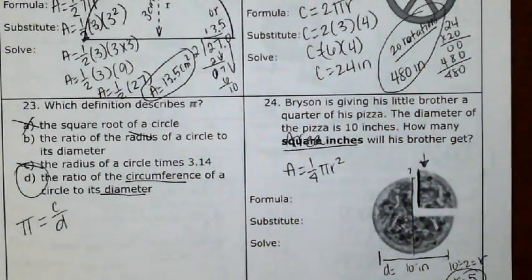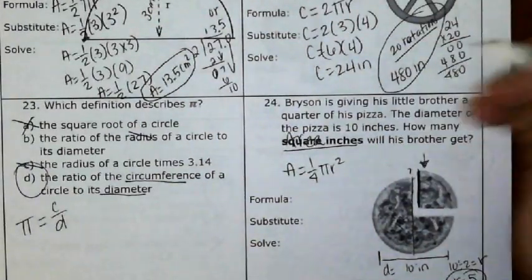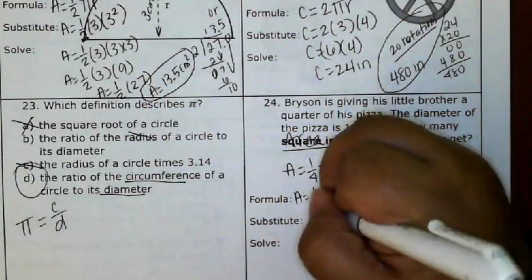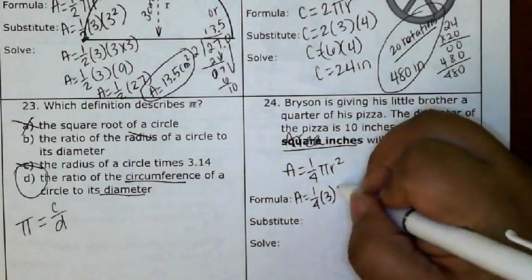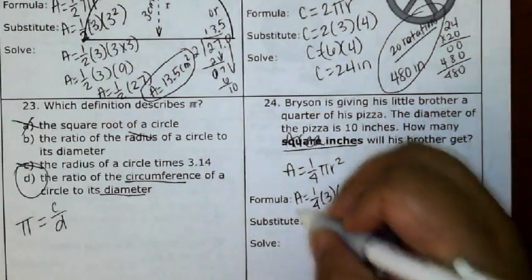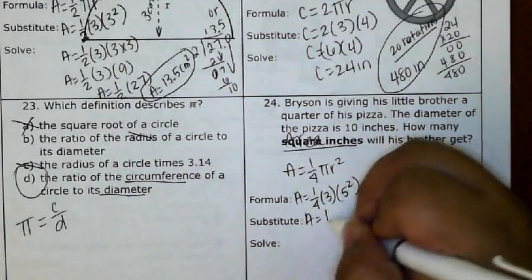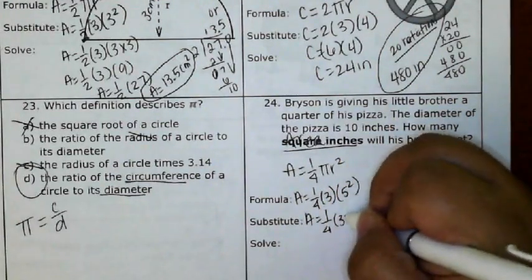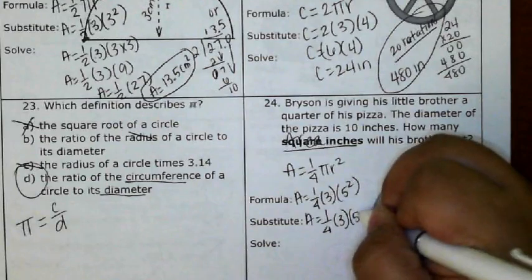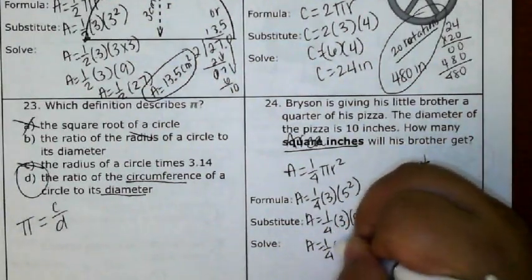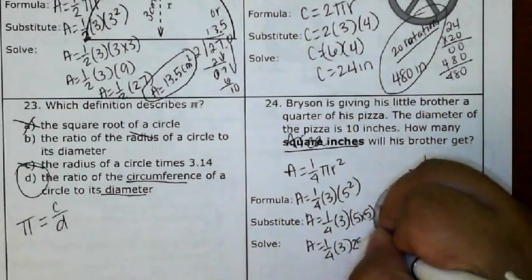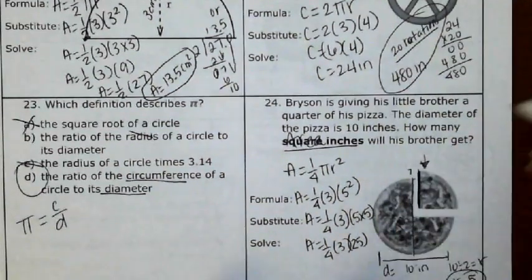And then 5 squared. Remember, 5 squared means 5 times 5, which is 25. Now let's multiply 25 times 3. That is going to be 75. So far what I have is 1/4 times 75.